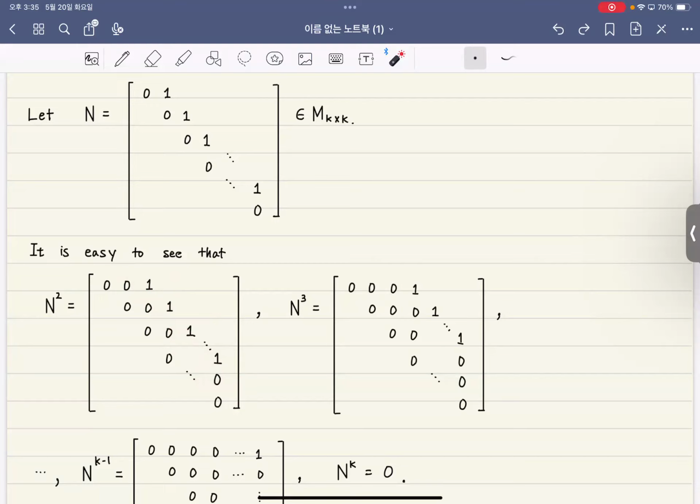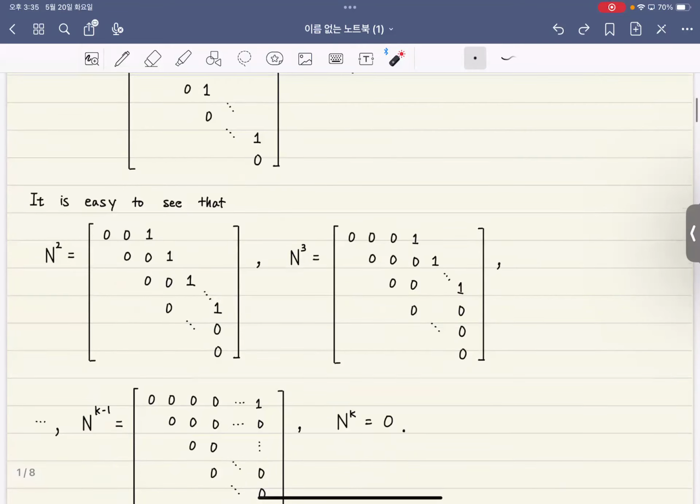If I also take the cube of the matrix N, then these entries of one rise by one more, so now these entries are all zeros, and we have ones over here. The number of entries that have one decreases by one.